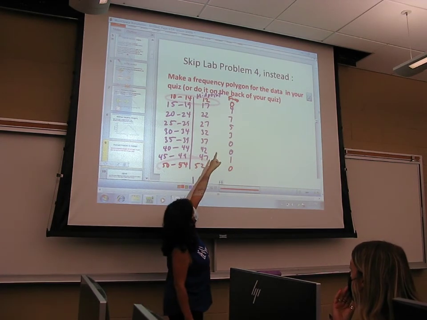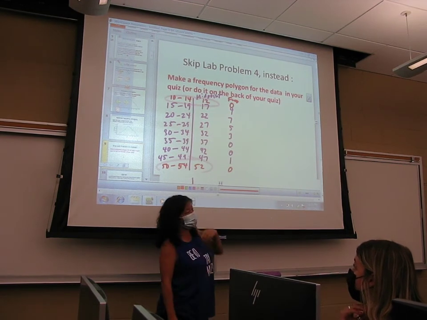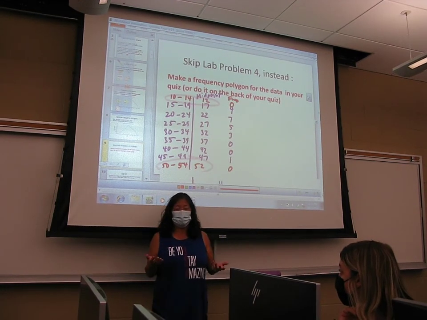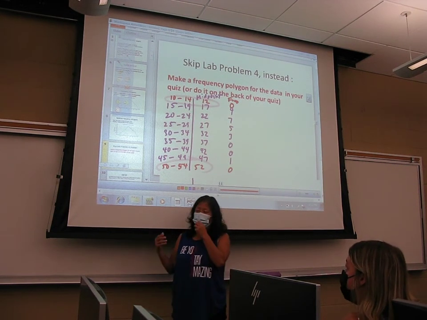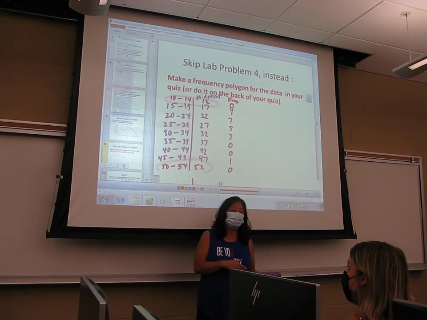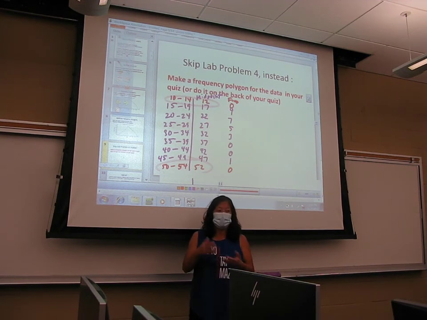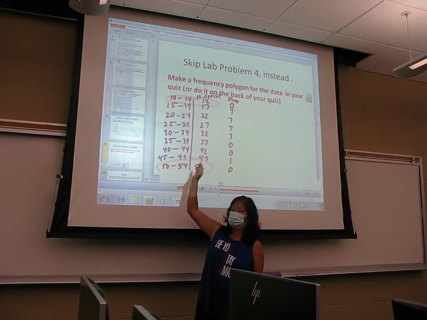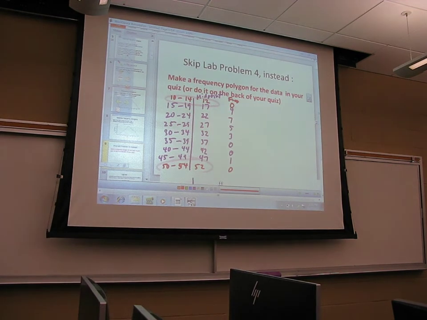Well, your cumulative frequency is 4, so would you say that 4 people are age 15 or less, or would you say that 4 people are age 19 or less? 19 or less, right? So that's why you have to use the upper limits and not the lower limits. So we're going to use our upper limits.